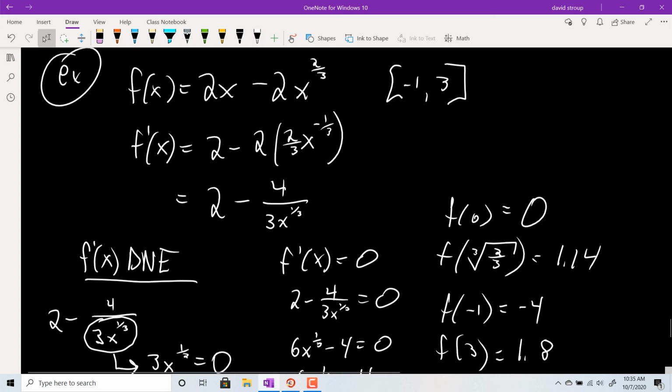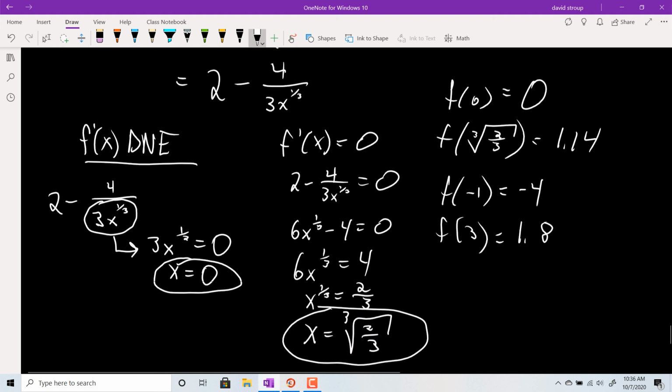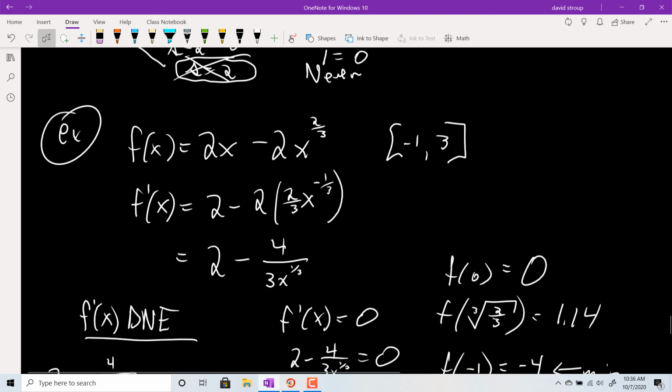Okay, so the min is right here, and the max is right here. Okay, so that's the idea.